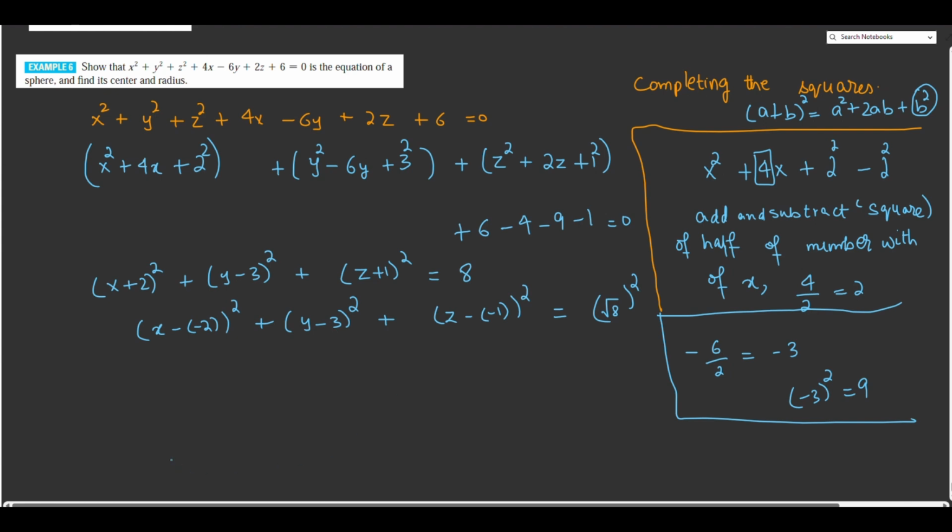So what is the center of this? The center of this is going to be minus 2, minus 3, not minus 3, the plus 3 and minus 1. And what is the radius? The radius is equal to square root of 8.